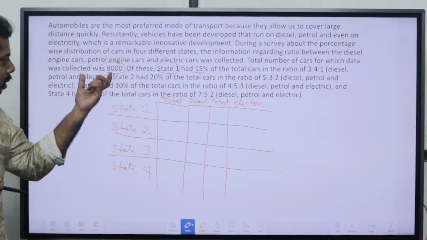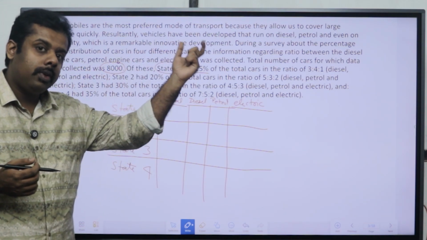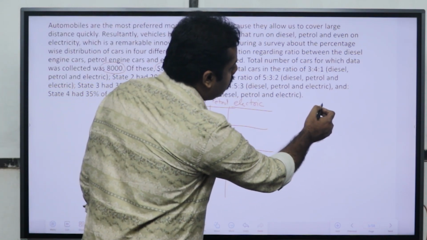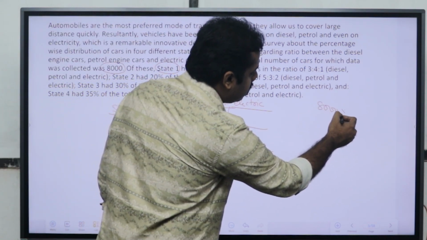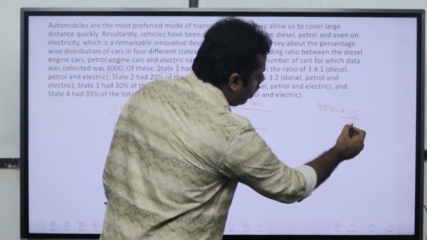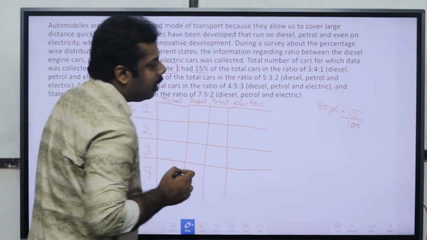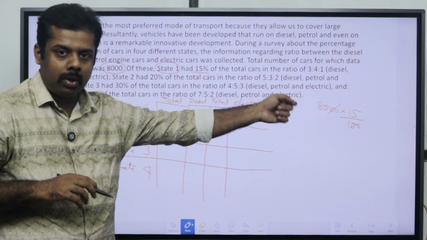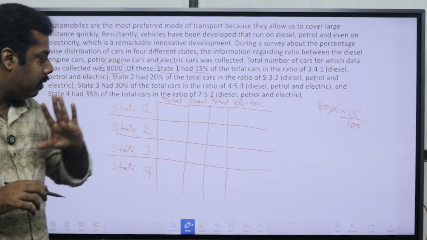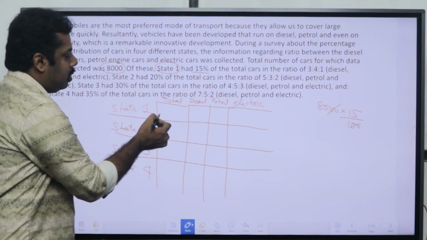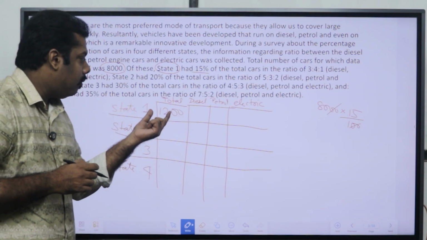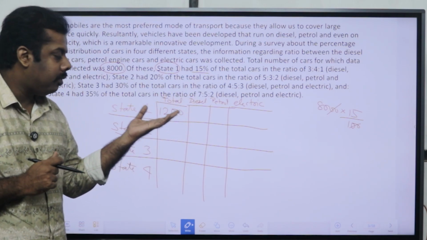So what is 15% of 8,000? Cancelling out the 100, we get 15 into 80. 15 into 8 is 120, 80 times will give us 1,200. So out of 8,000 cars, 1,200 cars are of state A.